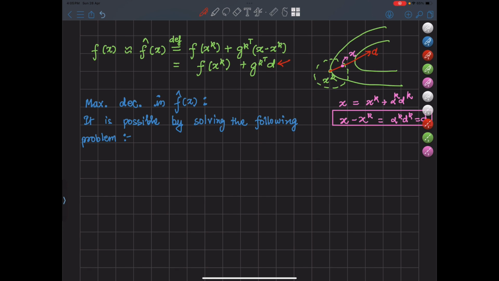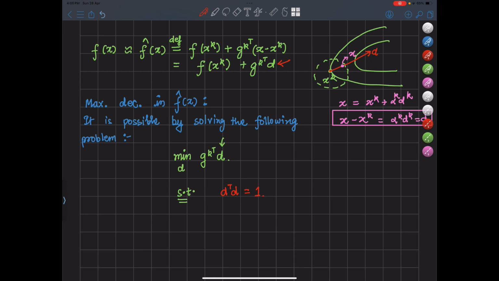What is the optimization problem? Minimize over d gk transpose d, where d is the variable, such that d transpose d equals 1.